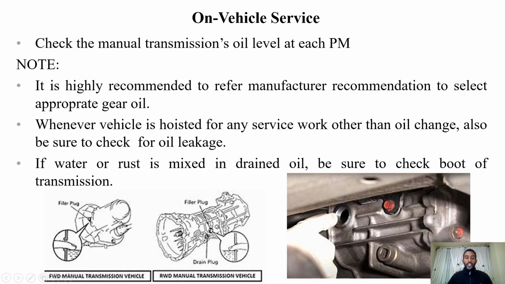What we need to do is check the level. In most cases, we open this filler plug and insert our finger, and we can check whether there is oil or not, because the oil is filled to about half of the gearbox. This is one thing.